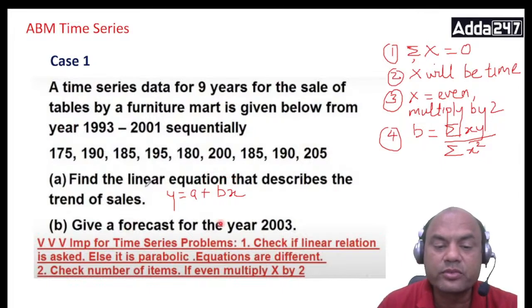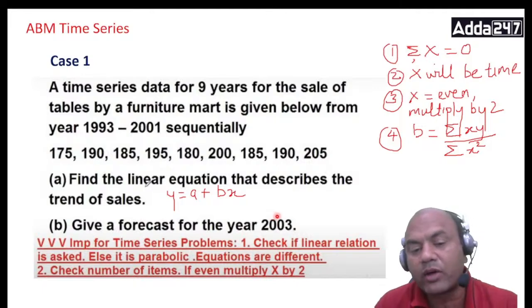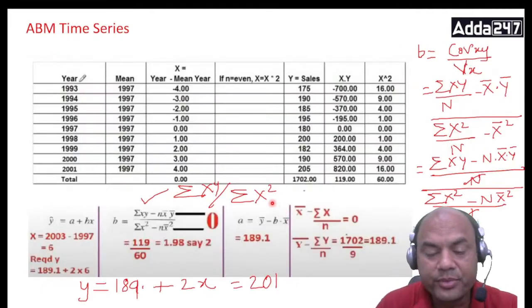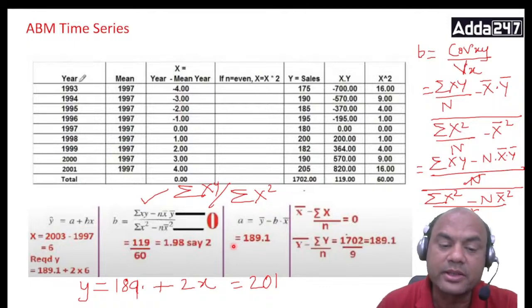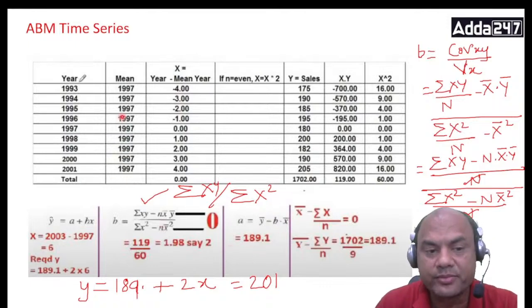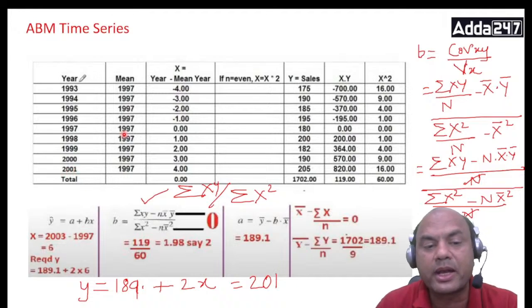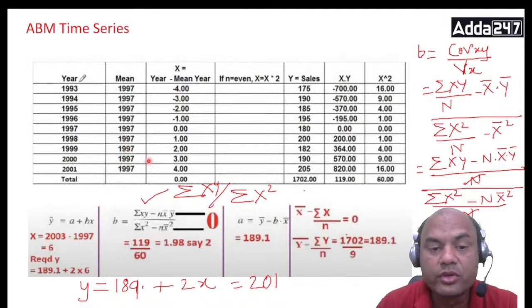Now forecast for the year 2003. So now what is x? X is 2003, but x is not 2003. What you have to do is first subtract the average from this. You'll have to follow the same rule which you have followed for others. So instead of 2001, write 2003. So subtract this, what do you get? 2003 minus 97, you get 6.